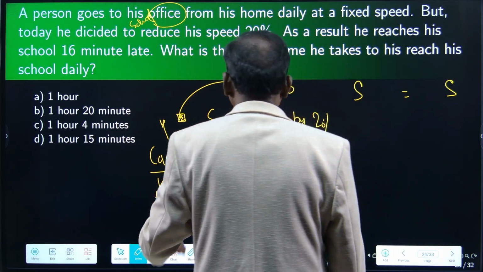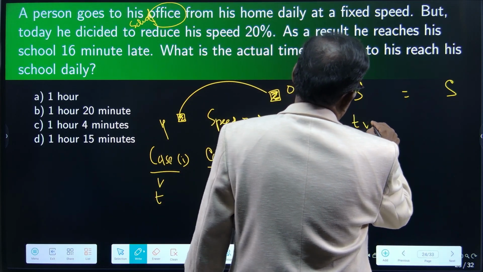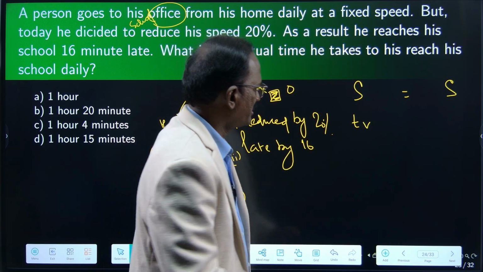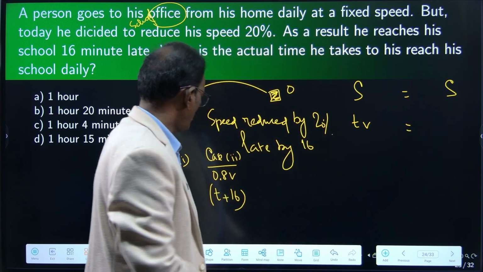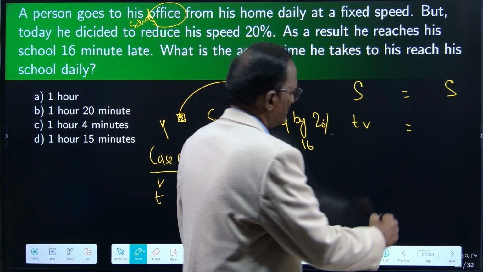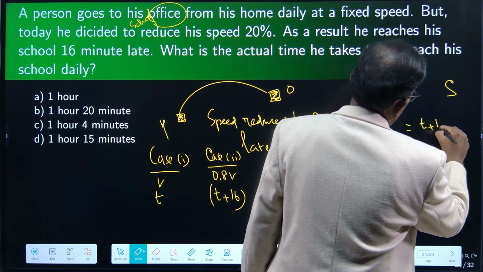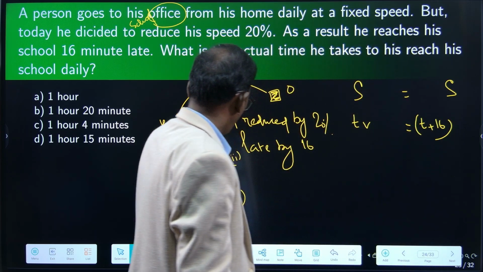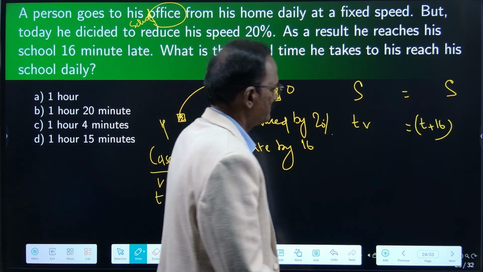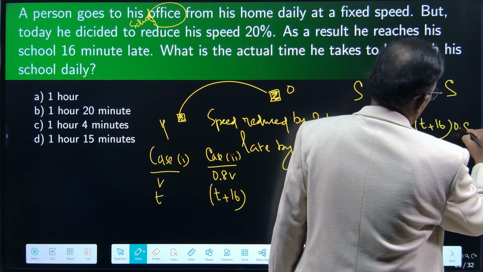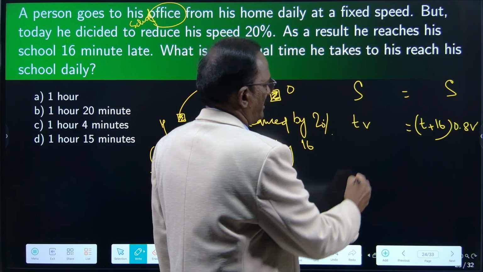S is equal to time into velocity. In case 2, time is t plus 16. Velocity is 0.8v. So v we can remove.